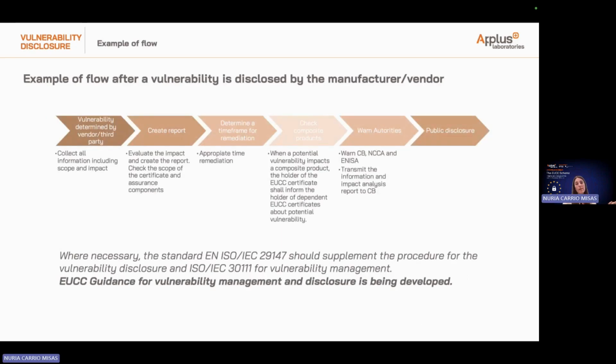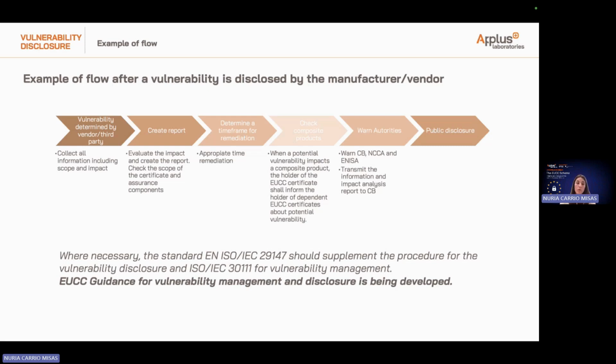Here we show an example, and this is just an example, of the flow that you may follow if a vulnerability is disclosed by the manufacturer or the vendor. The first point is where the vulnerability is determined, discovered by the vendor or by a third party. You need to collect all the information, including the scope and impact.